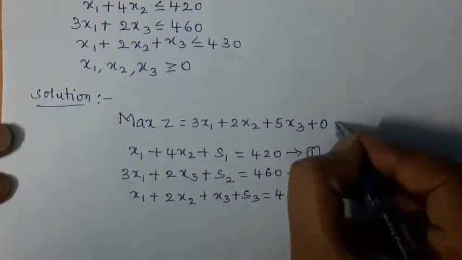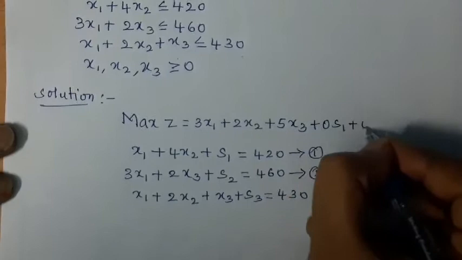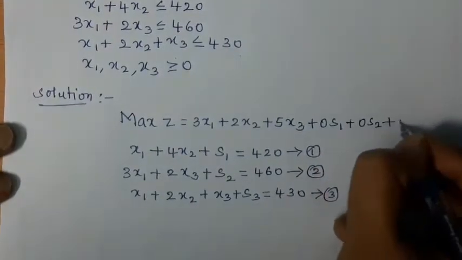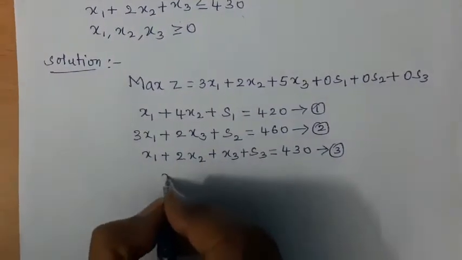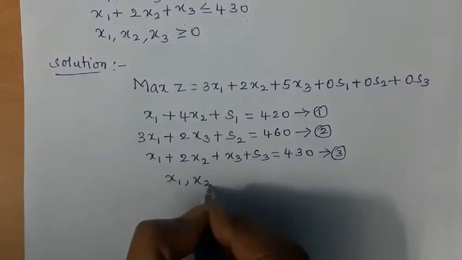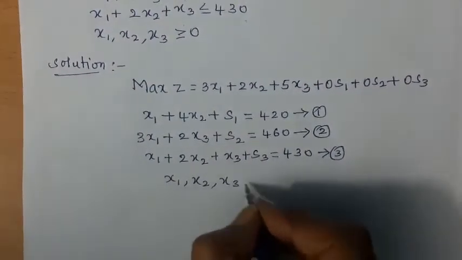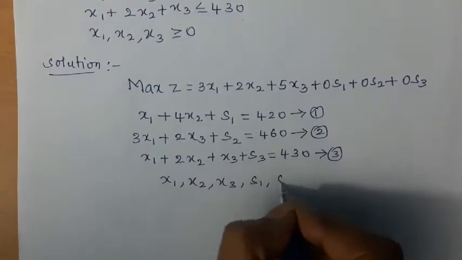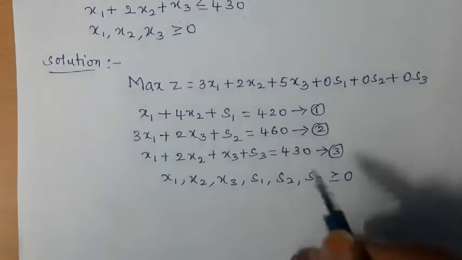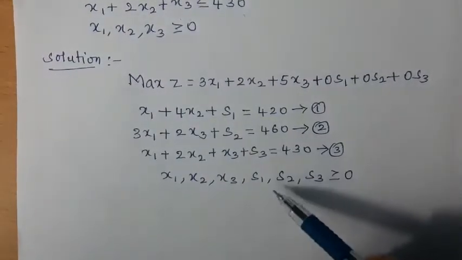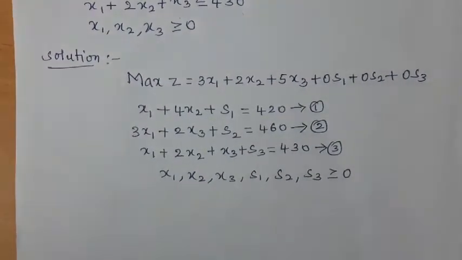So add 0 s1 plus 0 s2 plus 0 s3. Now the subject to condition, that is x1, x2, x3, s1, s2, s3 greater than or equal to 0. We should add all the slack variables with the condition also.